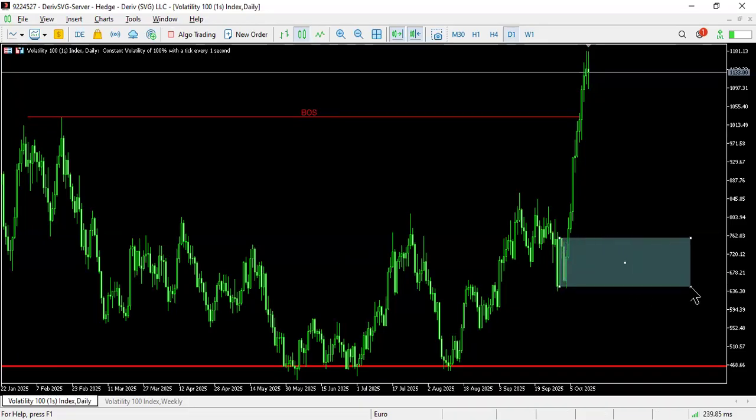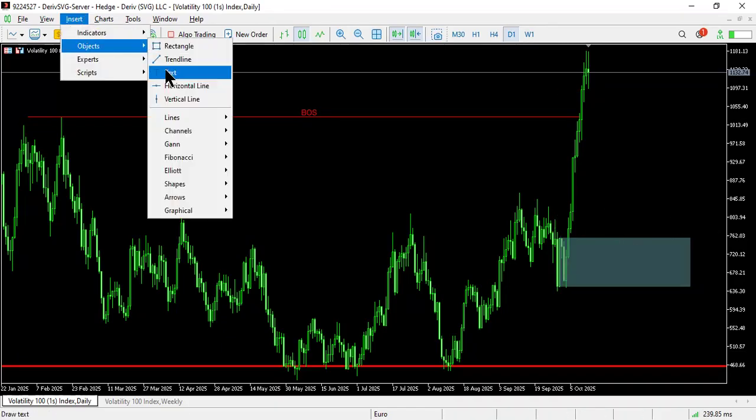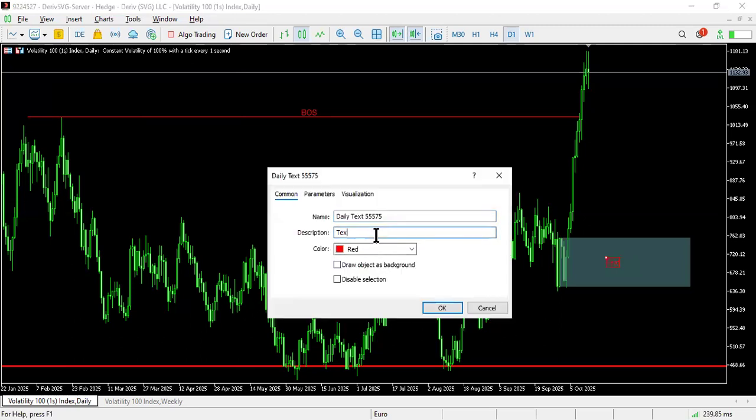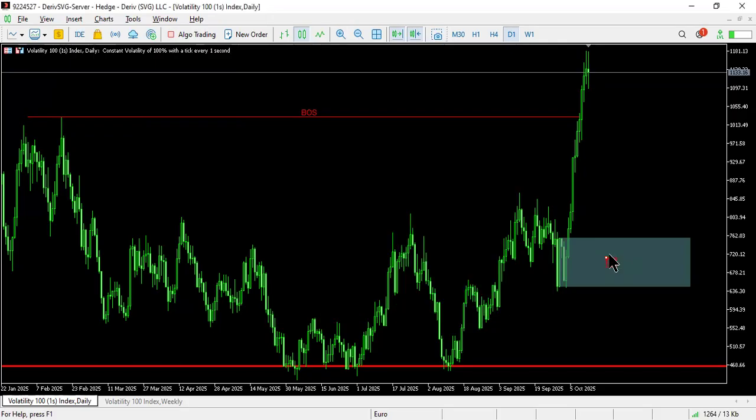We're expecting price to come and mitigate that order block, but as you can see, price is very far from it. Let's keep on breaking down the chart and then we'll get our entry points.